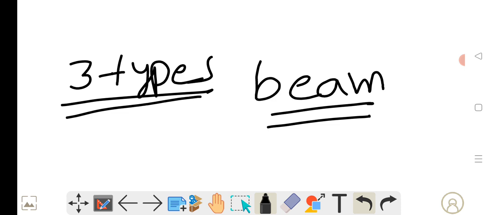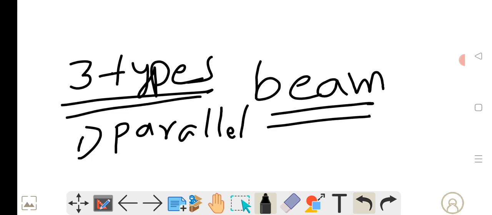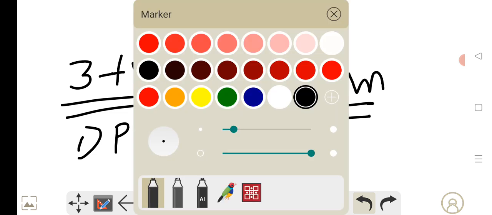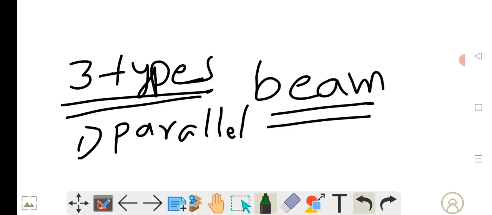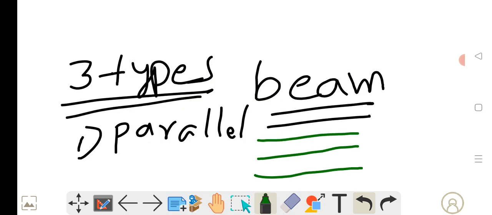Now the first one is the parallel beam of light. Parallel, you have learned in your maths, right? So what will be parallel? Like this. These light rays are parallel to each other. So this beam we call a parallel beam of light.